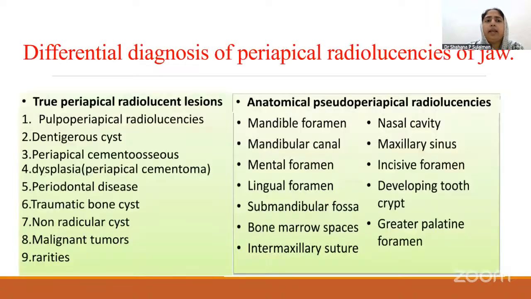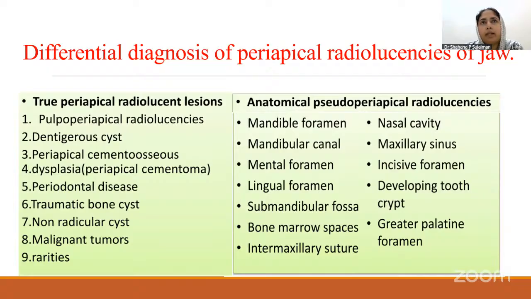Mostly the differential diagnosis is classified into true periapical radiolucent lesions and false periapical radiolucent lesions. The false periapical radiolucencies mostly contain the anatomical landmarks. So all the anatomical landmarks that can mimic a periapical radiolucency should be added here.